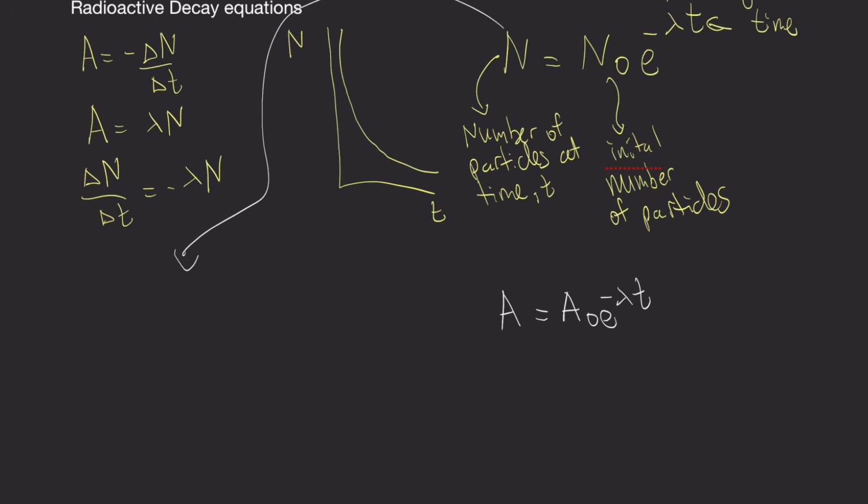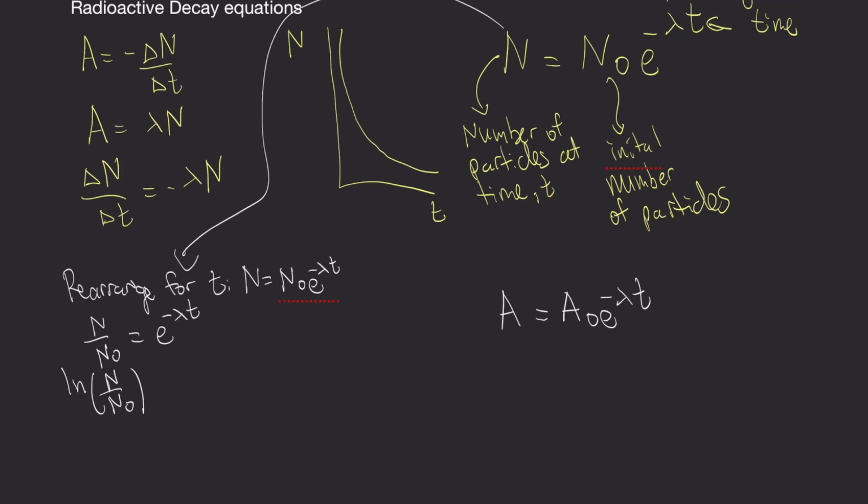So let's do that. My first step would be just to isolate the exponent. So I'm going to go N over N naught is equal to e to the minus lambda multiplied by t. Then I will take the natural log of both sides. Ln of N over N naught is equal to ln e to the minus lambda t. Remember, ln and e are inverse functions.